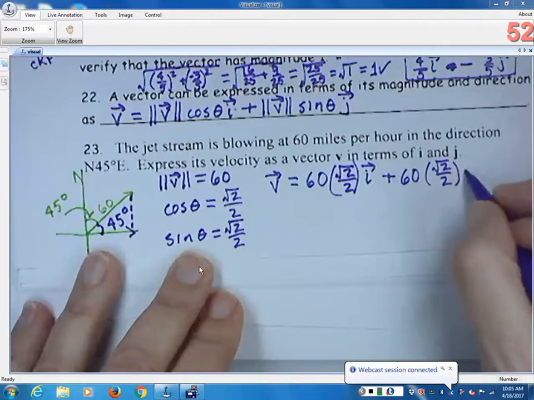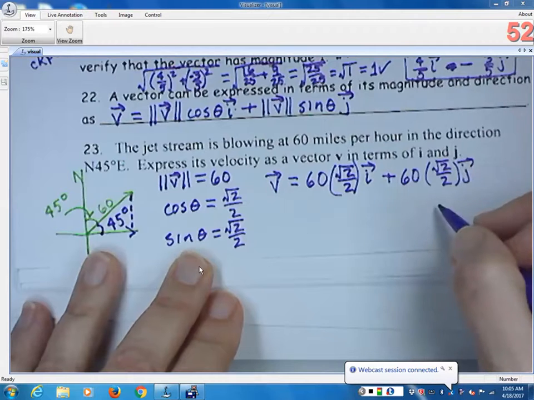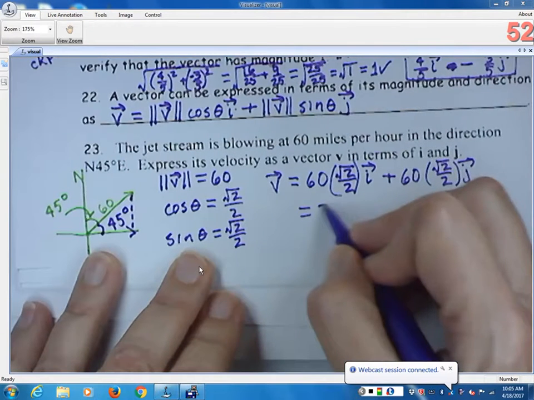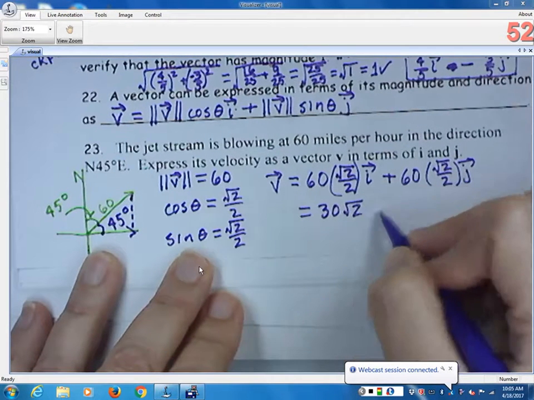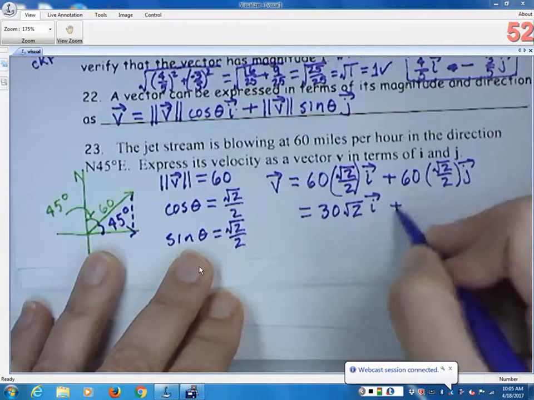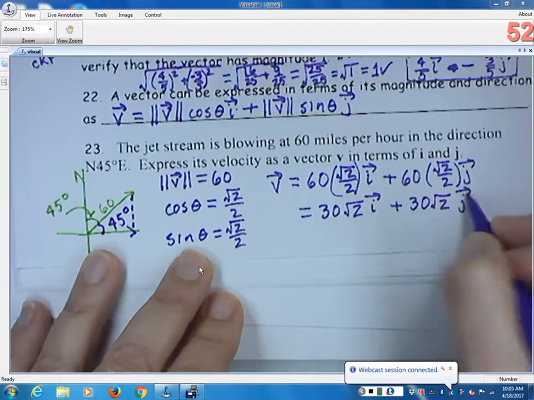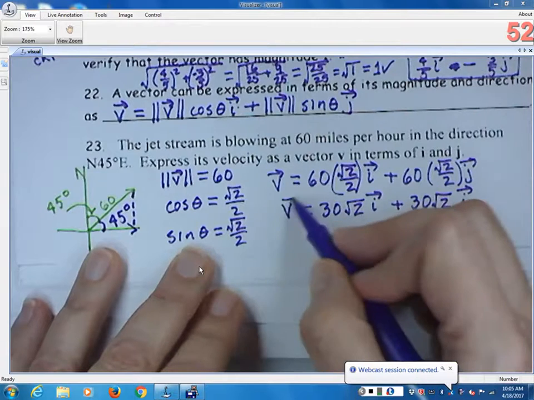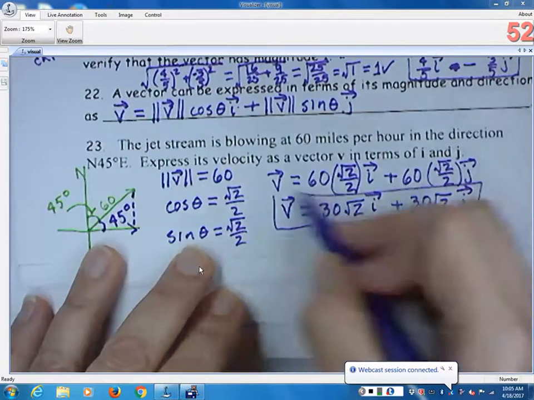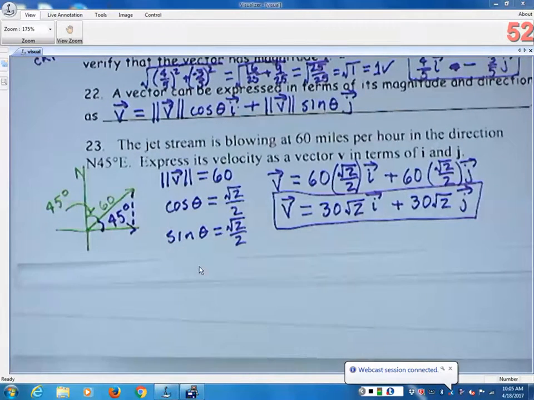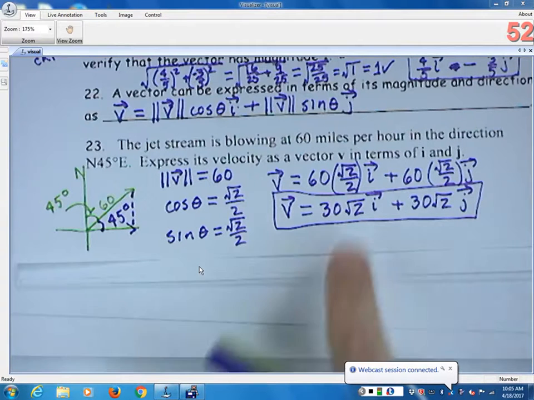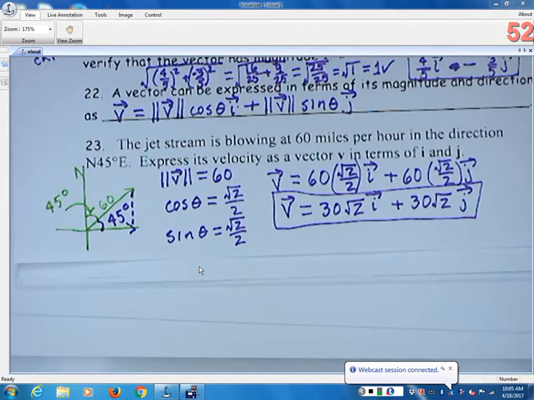And then we simplify that, and we get 30 square root of 2 i plus 30 square root of 2 j. So we're going to be using our unit circle and giving the exact numbers. Just substitute it right in there, okay?